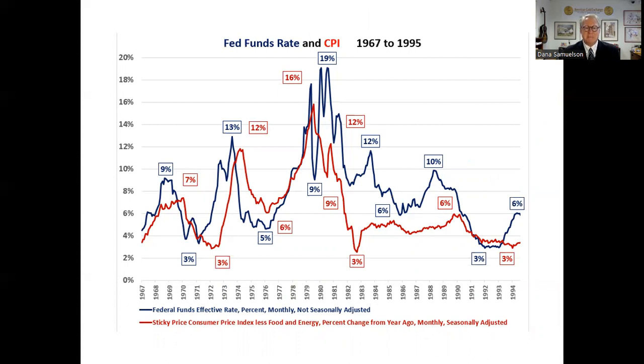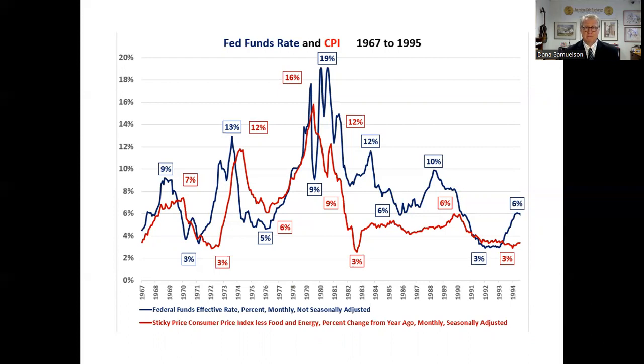As you can see, the federal funds rate and the inflation rate tracked each other pretty consistently with a delay in inflation during those first two waves in the late 60s and then again in the early 70s. Then when inflation took off, the Fed funds rate followed.